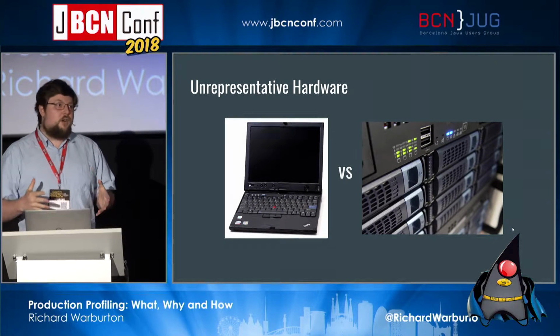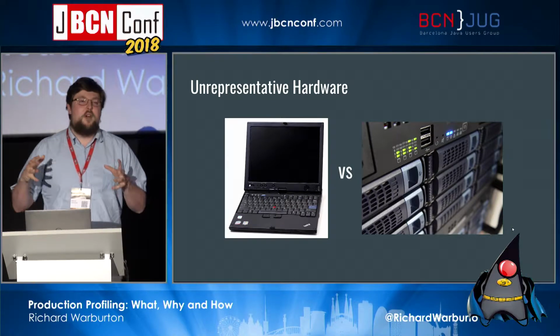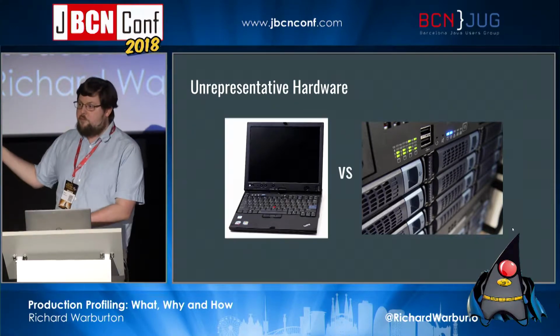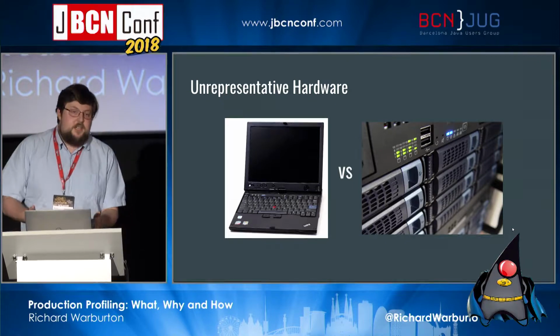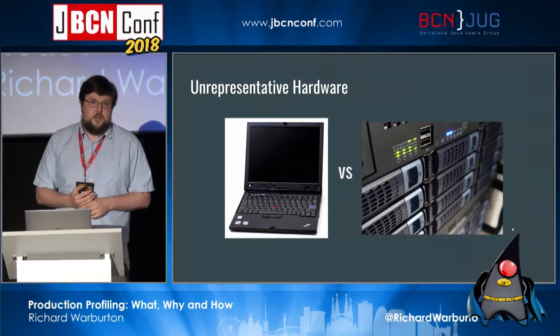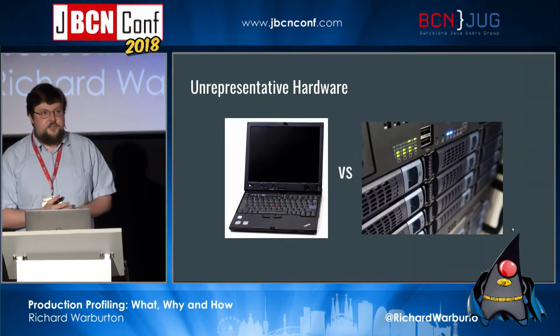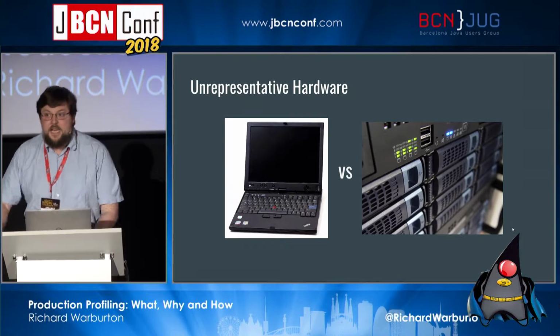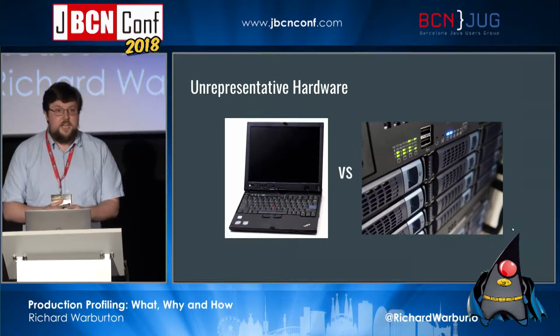Now, historically, you might have said to yourself, don't worry, Richard, it's okay. If it works okay on my laptop, it'll work okay on our production hardware because, you know, the laptop's cheaper, it's slower than production hardware. Now, there's an element of truth to that, but there's also the fact that certain problems manifest themselves differently. They behave differently in a production system than, say, a small laptop.